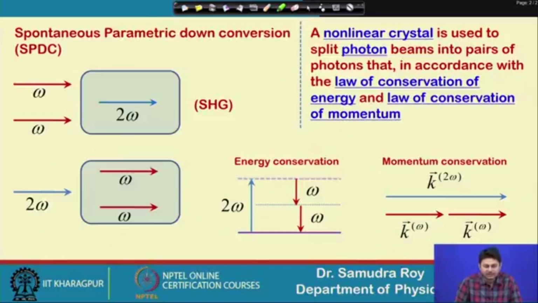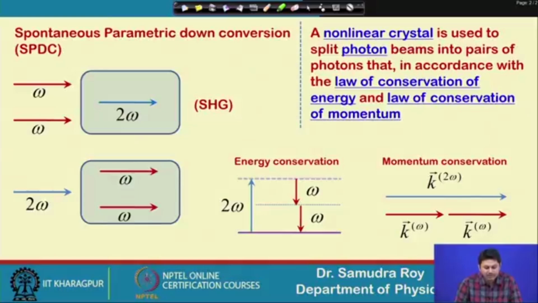So, that means this is a special case. I am launching a frequency 2 omega and I want to generate two frequencies omega and omega coming from this 2 omega frequency, and they are matching, the energy and momentum conservation are still valid.